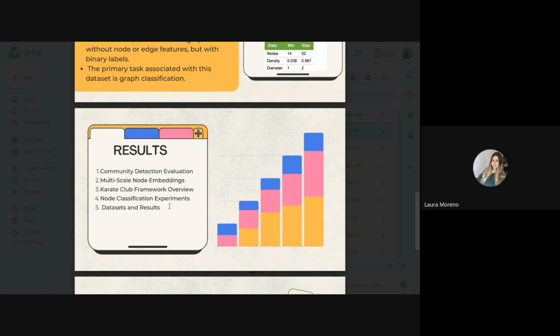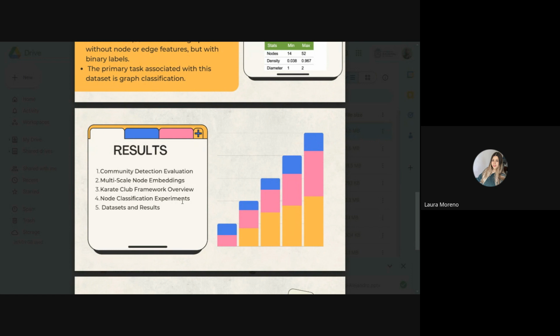About the graph classification tasks, they utilize graph representations as predictors. Performance was measured using mean area under the curve values for the downstream classification task. The other is the node classification experiments. They evaluate the performance of node embeddings in predicting node labels. They report average area under the curve scores for different embedding techniques.